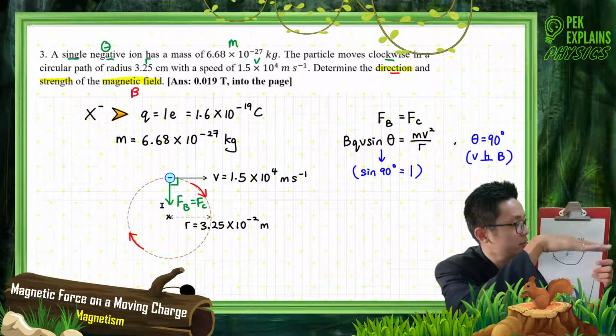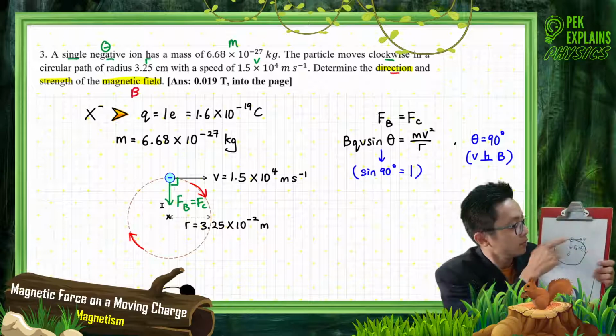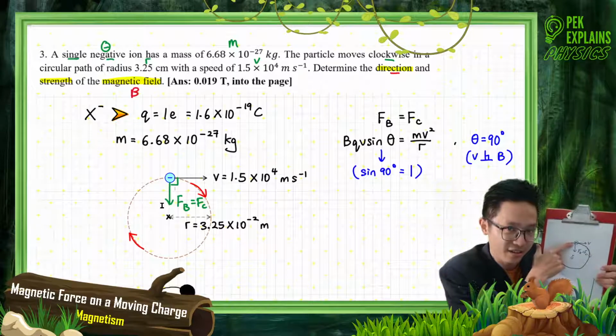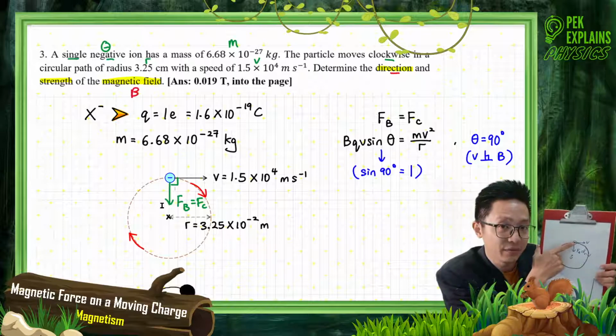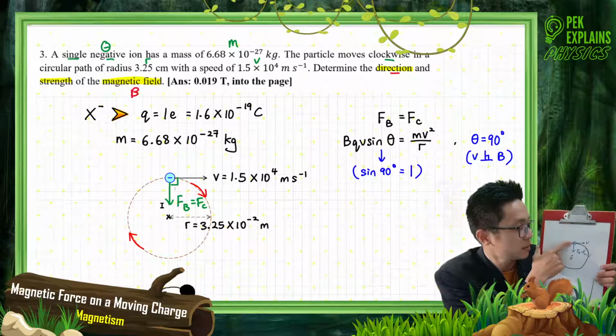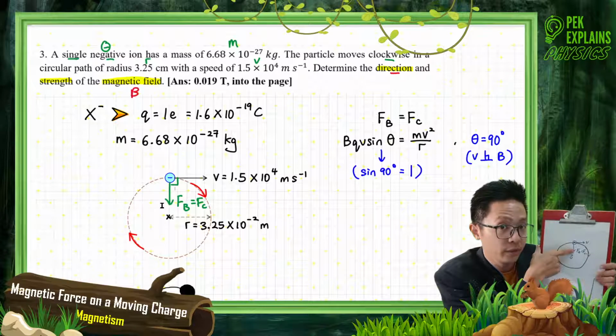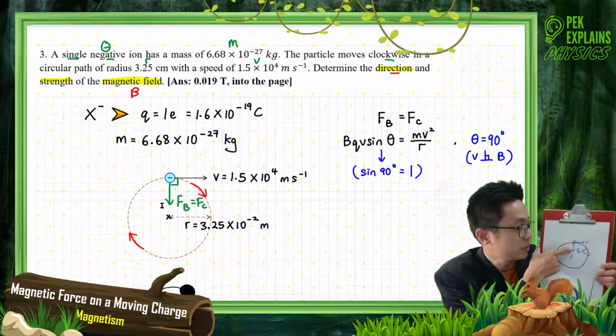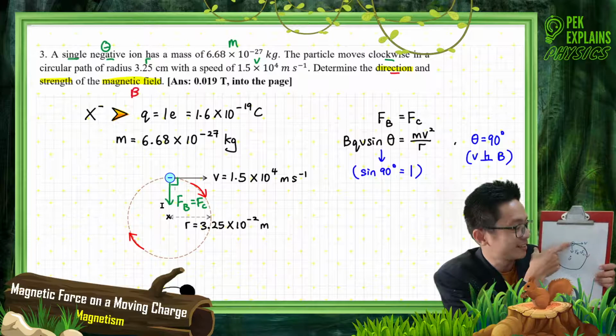But this is a negative charge. Remember, for negative charge, the force is opposite the thumb. So that means the force is downward, so the thumb should be upward.